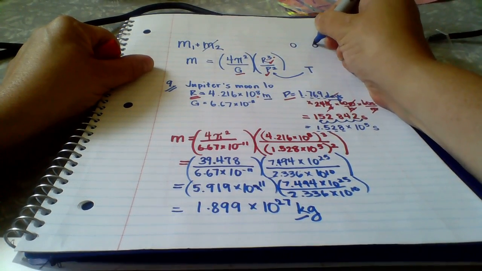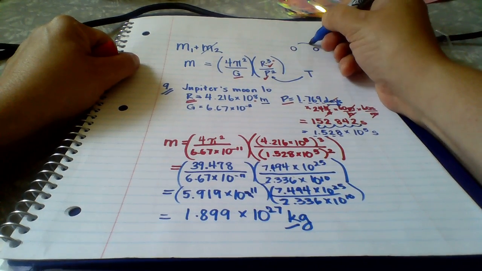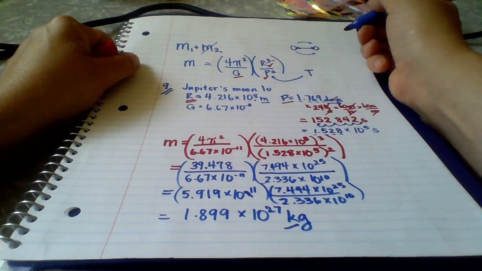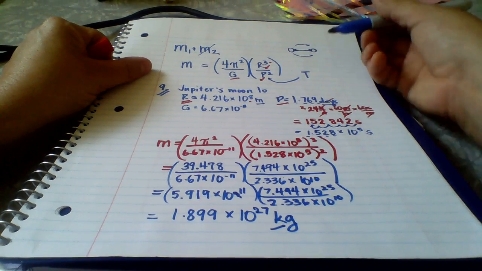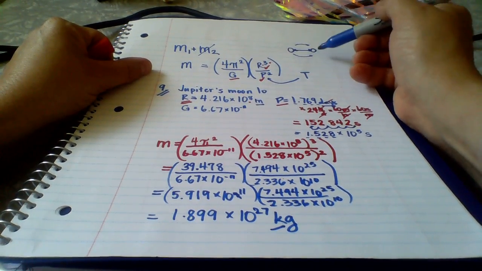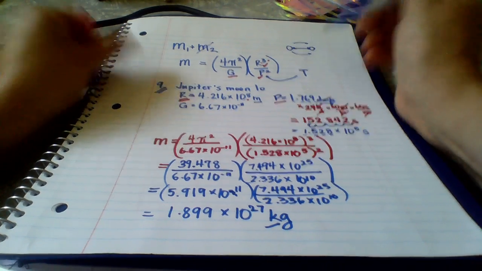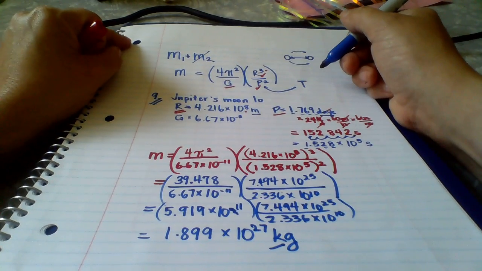So say we had 2 binary stars orbiting around each other, we can use parallax to figure out this distance, and then we can use that to determine their mass. So they can figure out the relative mass of some of these very distant objects using this exact same relationship. A little bit more to it, but same basic principle.